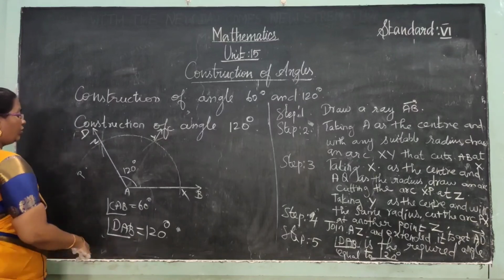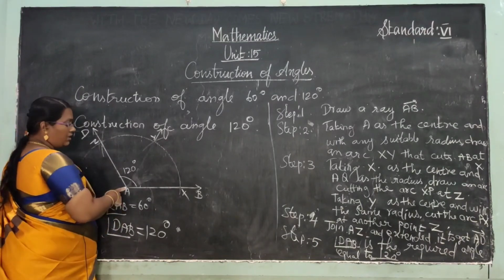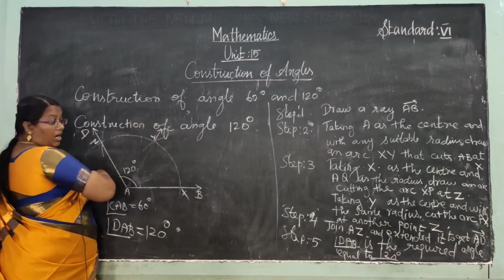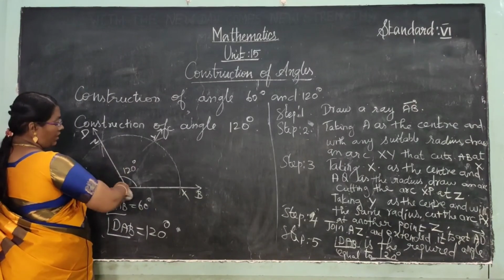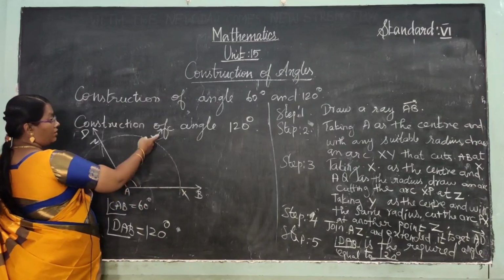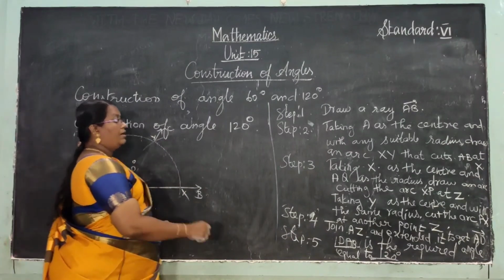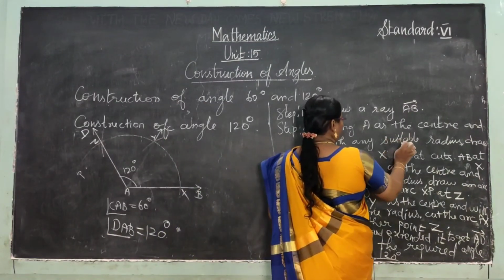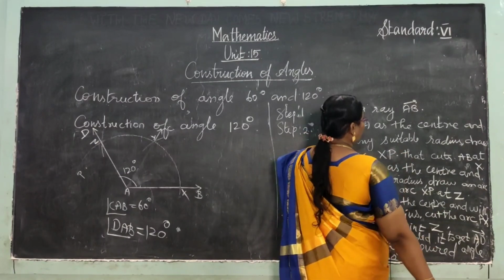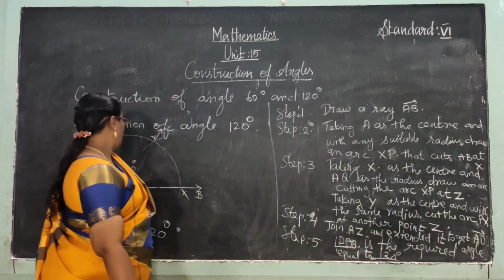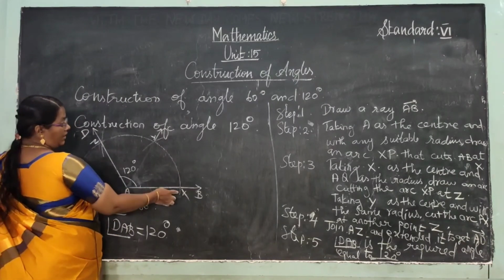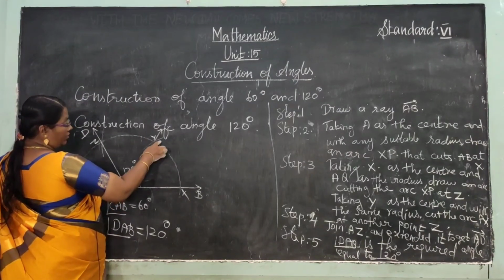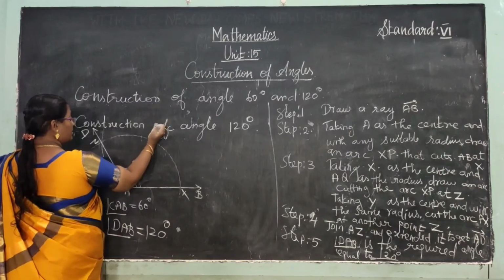So what we do to make a 120 degree: with center A, draw the arc XP. Then with center X, draw another arc of the same radius.